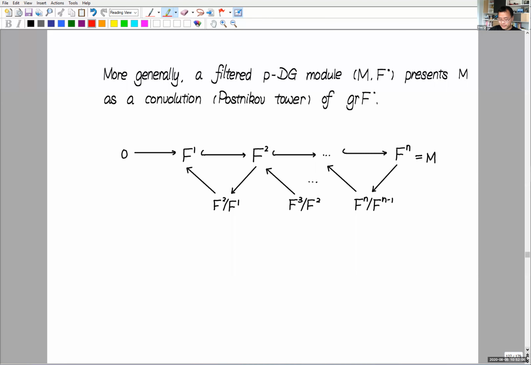Then you automatically get a filtration on the PDG module A epsilon, whose subquotients are isomorphic to A v_i u_i. Okay, so this is more general, so I'll give you a short proof. So in the situation above, in the Grothendieck group, you get a relation like this.